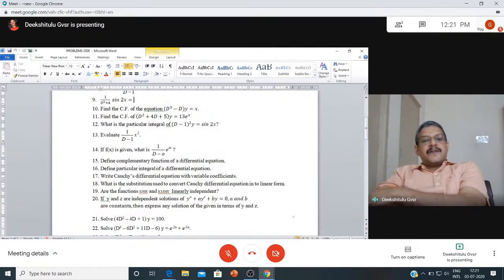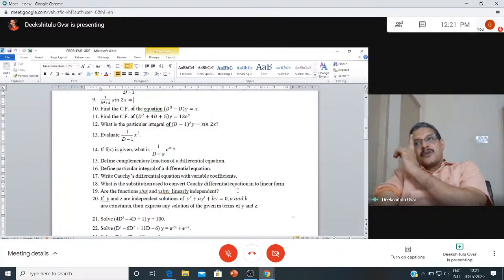Next, are the functions sin x and x sin x linearly independent? What is the testing condition for linear independence of functions? Jacobian. U and V are two functions of x and y. Jacobian of (u, v) is the determinant of the partial derivatives of u and v.